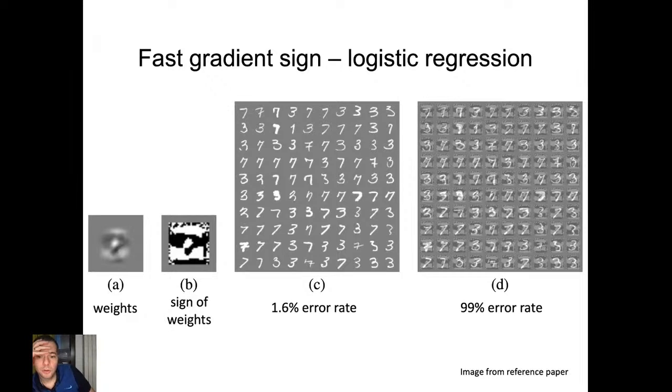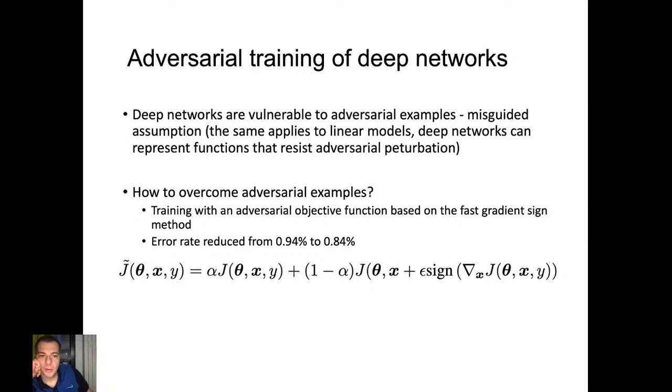But if you use the fast gradient sign method, the sign of the weights, then you obtain adversarial examples that have a higher error rate for the logistic regression model. These are visually different from the input, but you can still find examples with very high confidence of being wrong.